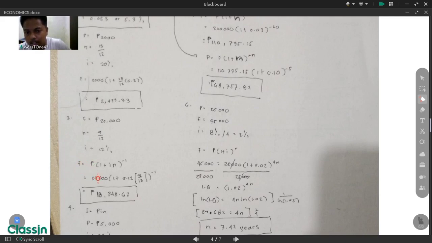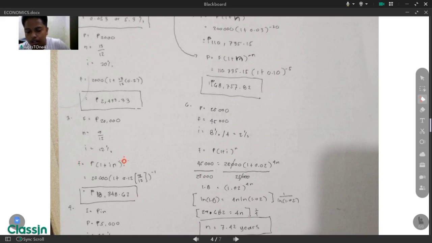In the derivation of the formula, the F here is actually P, but since we're solving for the present worth, with 20,000 as the future worth of the money 9 months ago, it's just an interchange. So our F here will be the present worth.